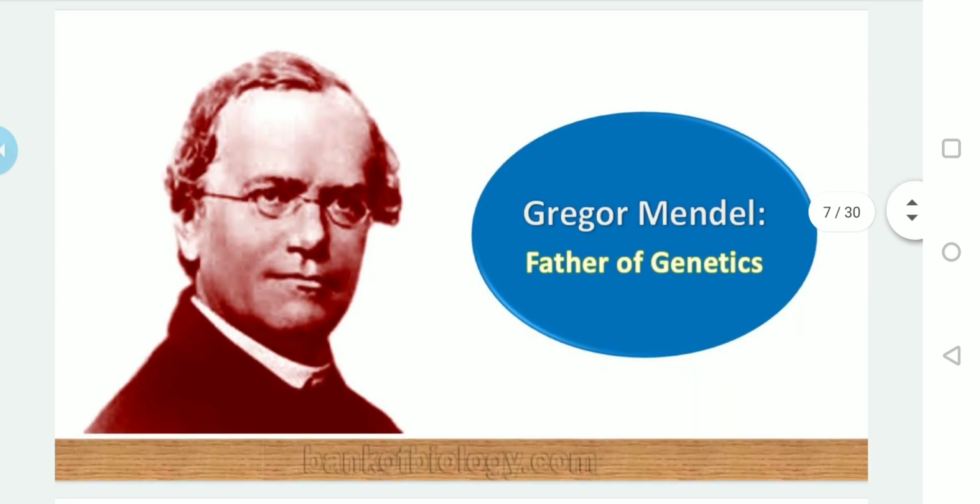See, in this chapter we will discuss Mendel's laws of inheritance. Okay, Gregor John Mendel is considered the father of genetics. Before we go into this chapter, we have to know a few interesting topics about Mendel and his work, because this chapter purely comes under genetics.